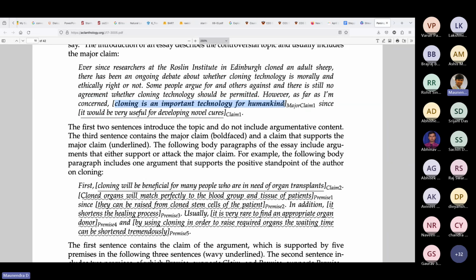That's the person's thought that he or she is putting directly. And the reason is, since it would be very useful for developing medical cures. Now, this is again a claim, but this claim is trying to support the major claim.